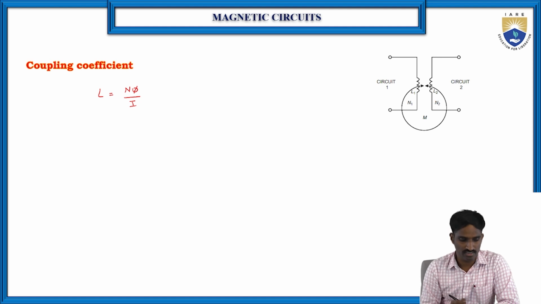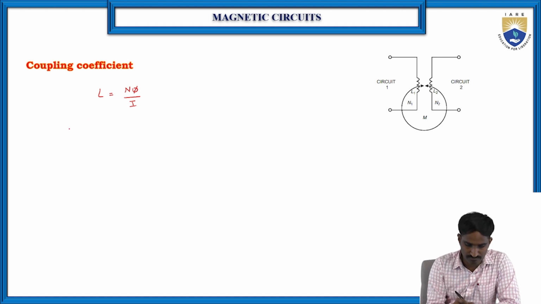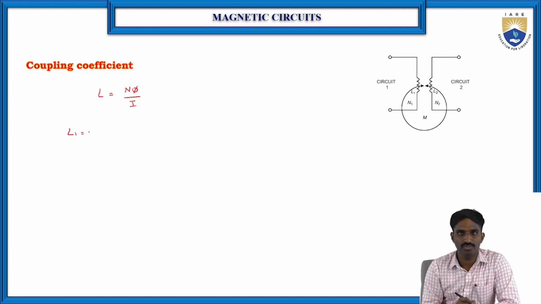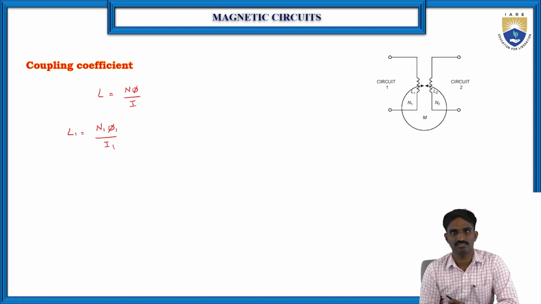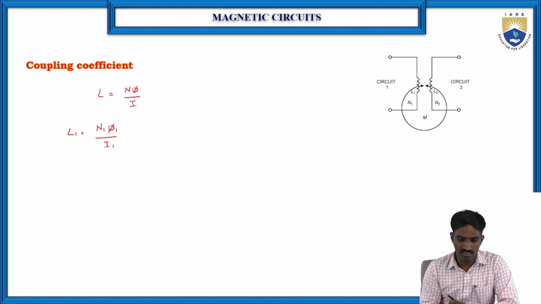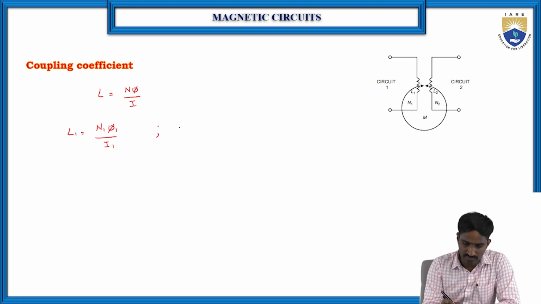particular circuit, right? So if it is L1, with respect to circuit 1, then L1 is equal to N1 phi 1 by I1, where the number of turns for the primary winding is N1, the flux produced by this winding is phi 1 and the current flowing through this winding is I1. Similarly L2 is N2 phi 2 by I2.